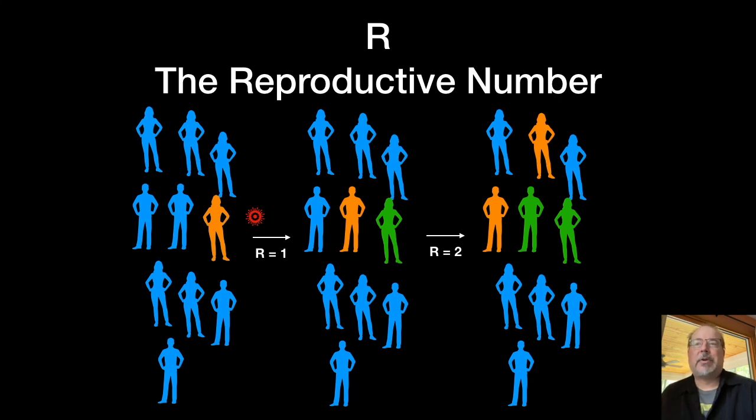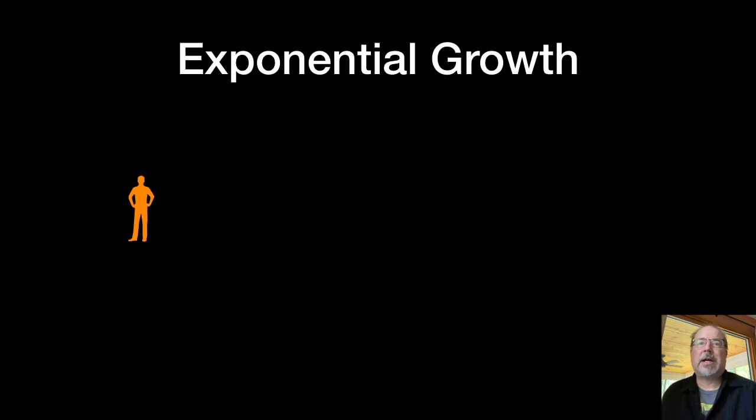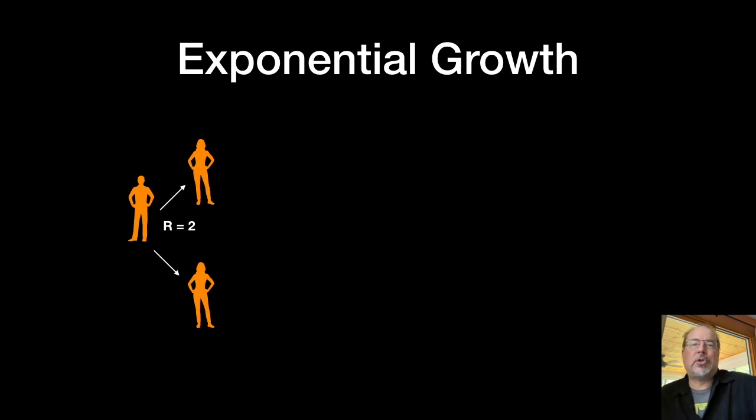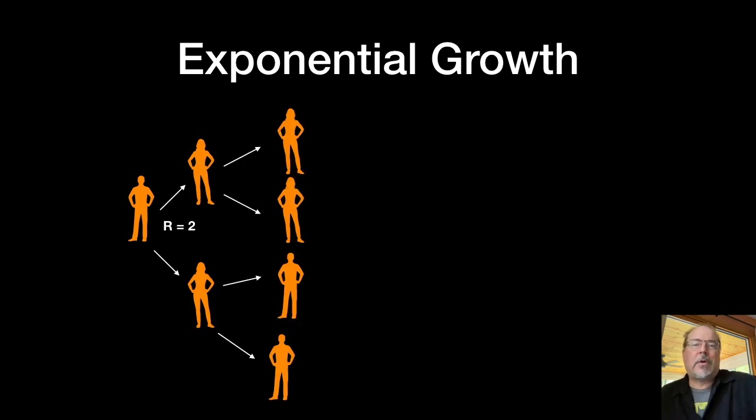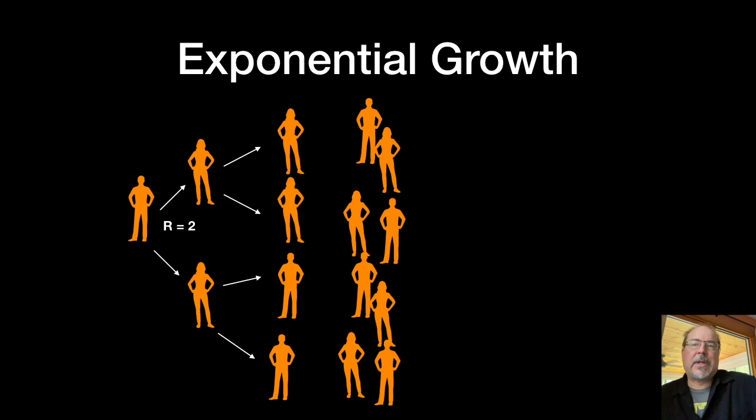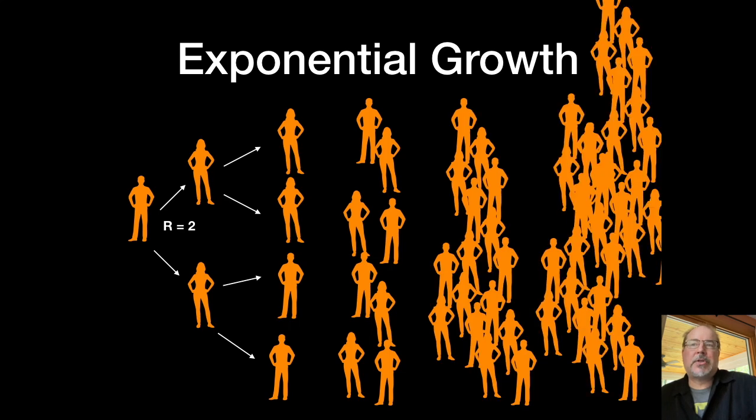It will increase in size, and now we have 2 people that will be infected, and they'll be able to infect 2 people. We can see this exponential growth more clearly if we just consider it happening from 1 person to 2 to 4 to 8 and so on until we have a huge number of infected people.